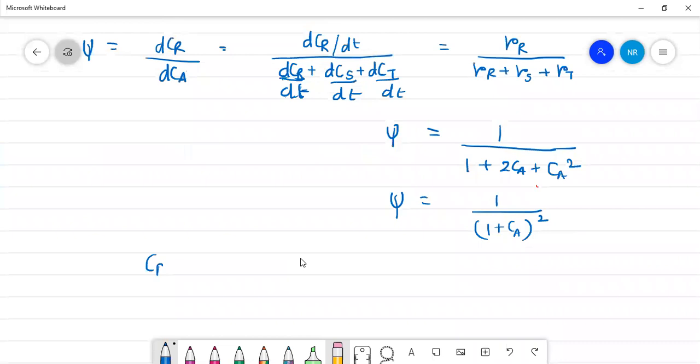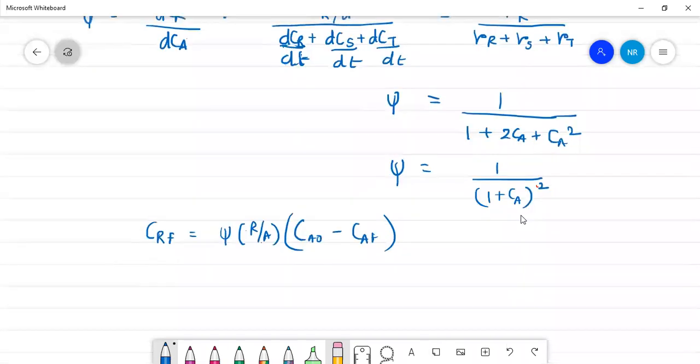CRF is equal to psi R to A, because our ultimate goal is to calculate R, the desired product. So psi R to A multiplied by CA0 minus CAF or CA. So now we have to draw a graph between psi versus CA.